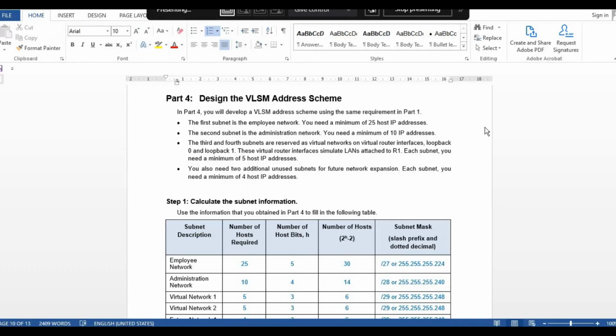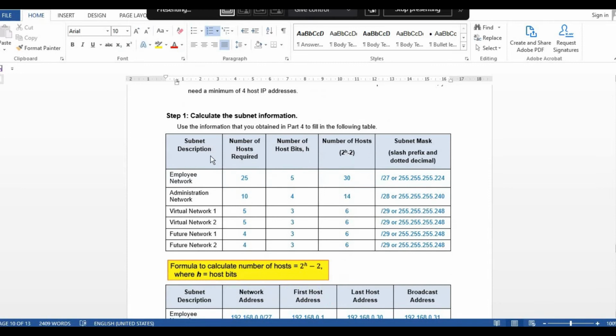Okay, so my part, part 4, is to design the VLSM address scheme. You need a minimum of 25 host IP addresses, a minimum of 10 IP addresses, and have loopback 0 and loopback 1. Also a minimum of 5 host IP addresses and 4 minimum host IP addresses. And it's a table for subnet information: subnet description, employer network, administration network, virtual network 1, virtual network 2.